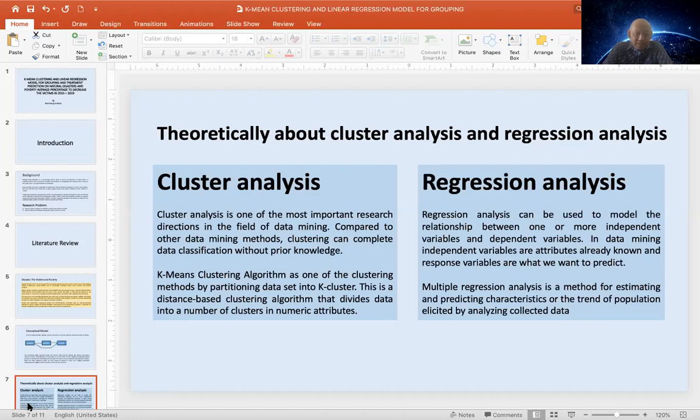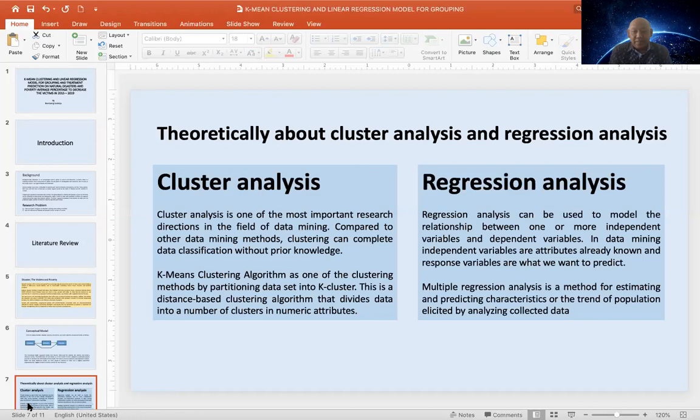K-means is one of the clustering methods, partitioning a data set into K clusters. It is a distance-based cluster algorithm that divides data into a number of clusters using numeric attributes.